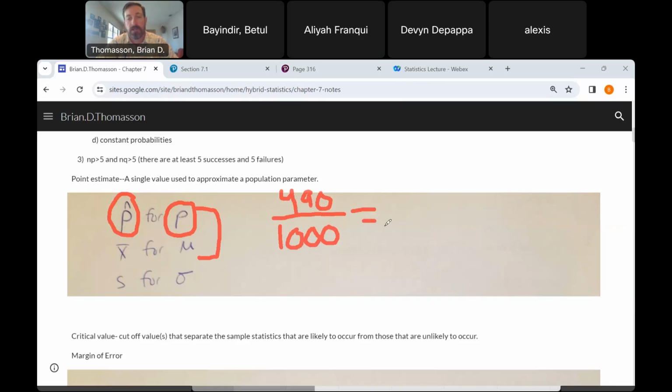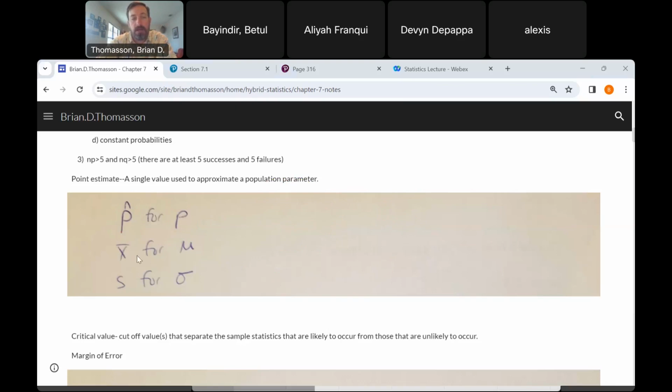That would be our point estimate, an approximation to P. Every time we do that, if we sample another 1,000 people, that 490 might be slightly lower or higher depending on that group of people. The same thing happens in the second one. X bar is our sample mean, and that would be a point estimate for our population mean mu.